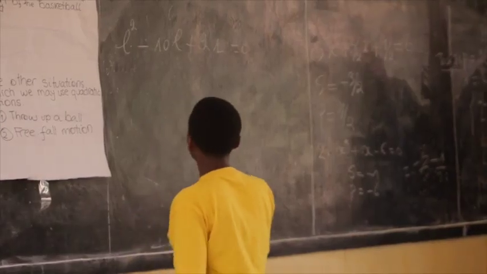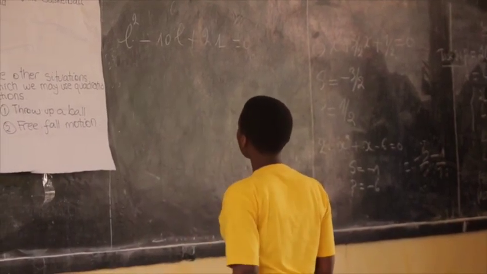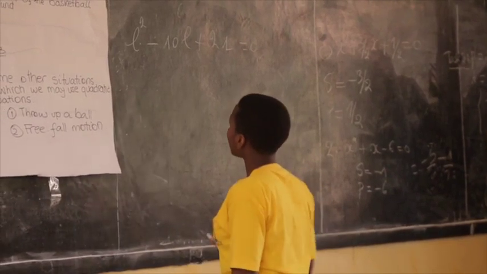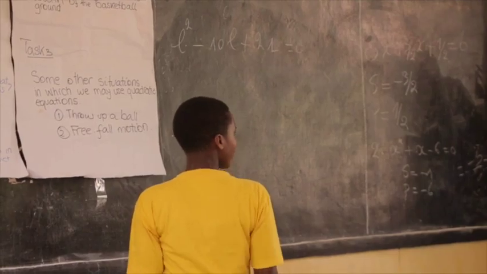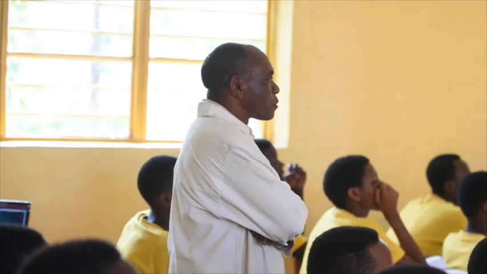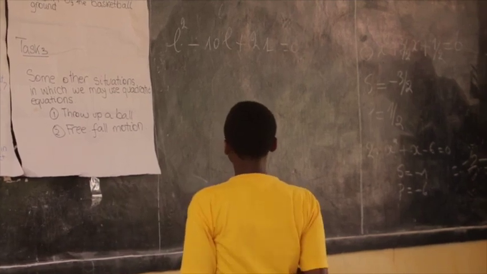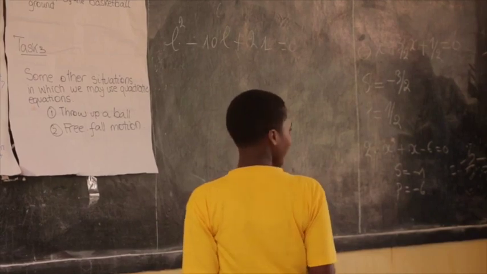This quadratic equation, we find two numbers that add to give us 10, and when we multiply them give us 21. Those numbers are 7 and 3. 7 times 3 equals 21.